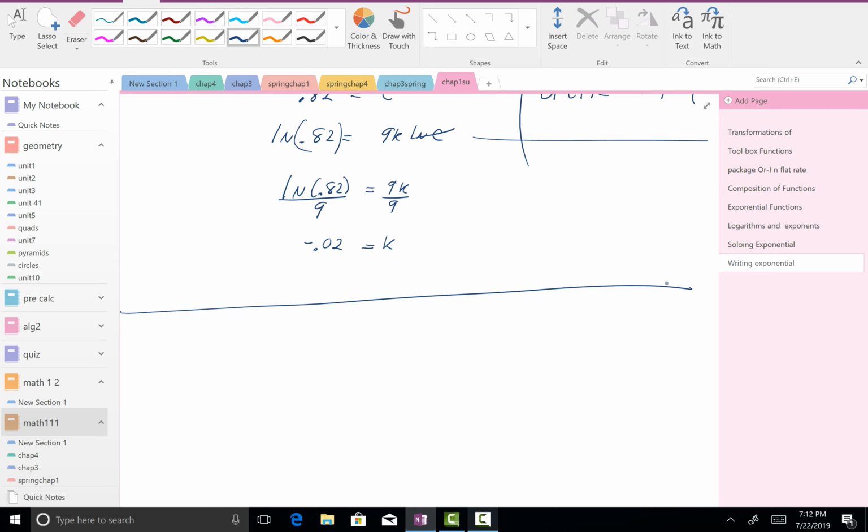Okay, what do you think the K stands for? Well, let's try this again. Yeah, look at how it's curving here.